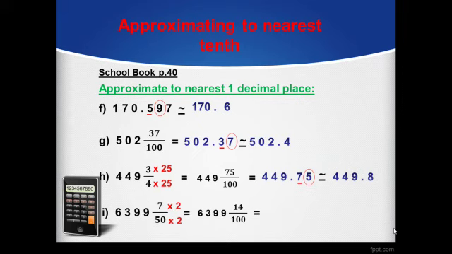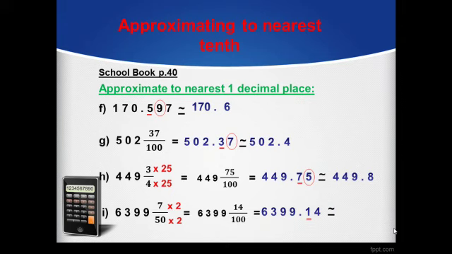Then we will convert it into decimal number by putting the whole number, which is 6,399 same as it is, and put numerator, which is 14 same as it is, and count 2 steps from right to left and put your decimal point. Then we will approximate. Our 10th digit here is 1.